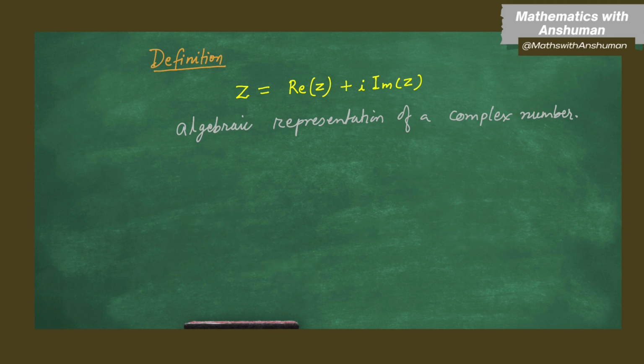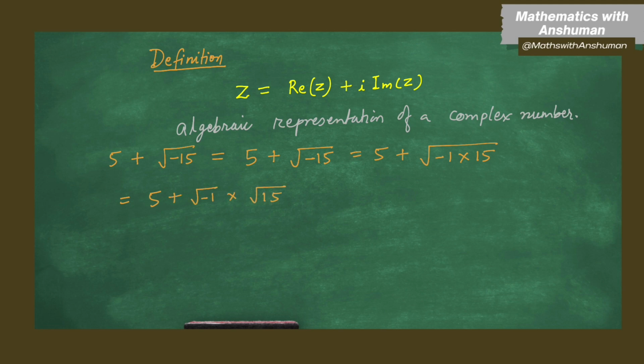Sometimes you will find numbers such as 5 plus under root minus 15. For such numbers, we have real part 5 and then imaginary part is hidden within under root minus 15. So if you expand under root minus 15 as under root minus 1 multiplied by 15, then you can write it as 5 plus under root minus 1 multiplied by under root 15.